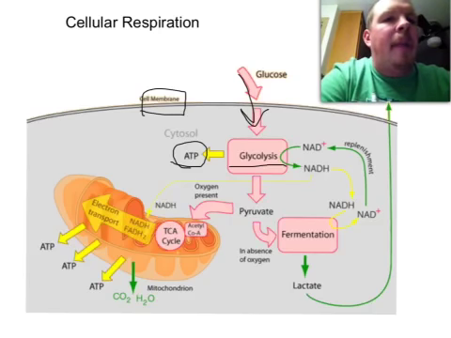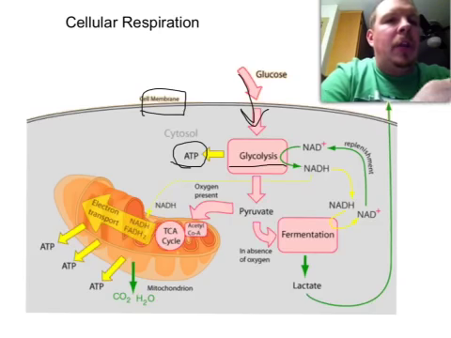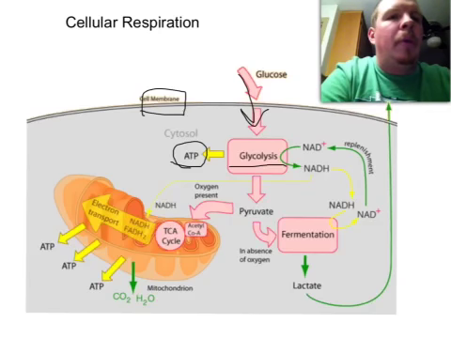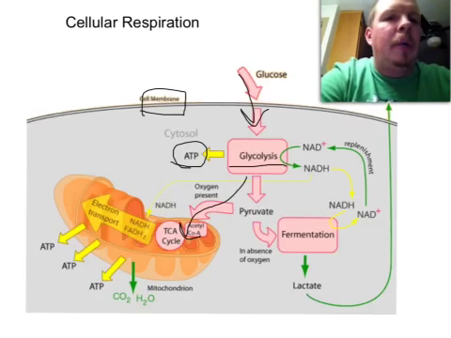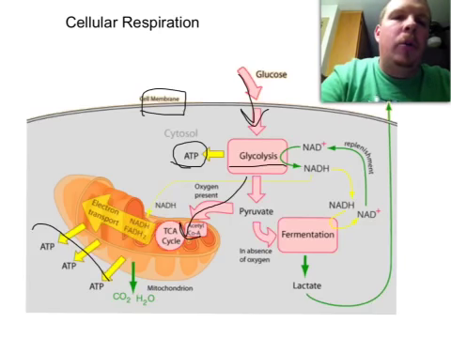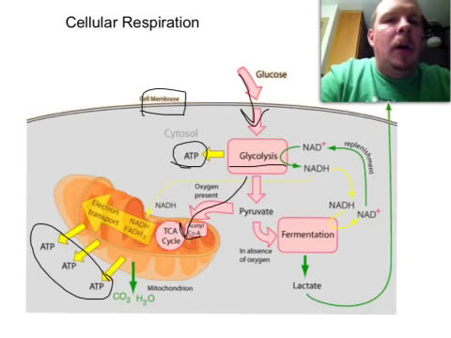And what's going to happen is the 2-carbon molecule is going to move into the mitochondria. And now that 2-carbon molecule is going to get ripped apart and used for its electrons. And those electrons are going to make a whole lot more ATP.